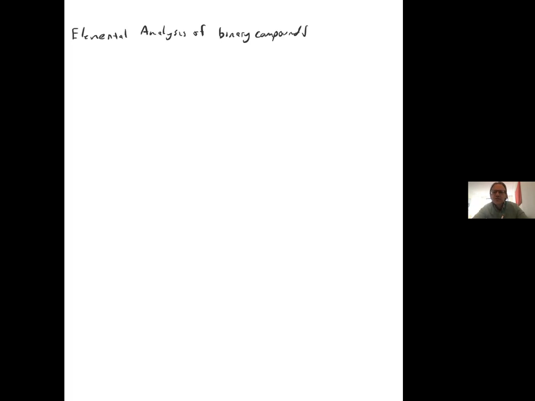Okay, so in this example, they say you've got a compound X. They call it compound X, meaning you don't know what that compound is. And then they tell you it has the following composition. They give you the name of the element, and then the mass percent.